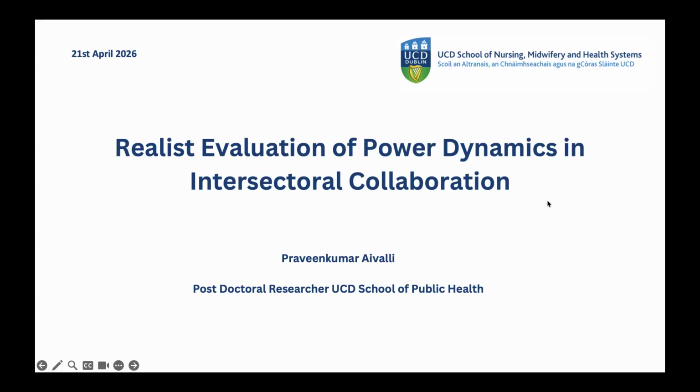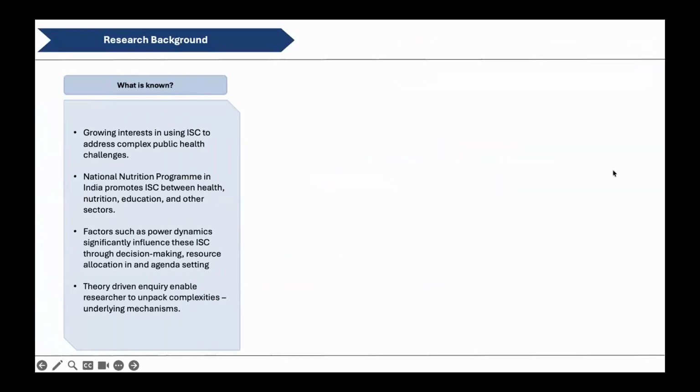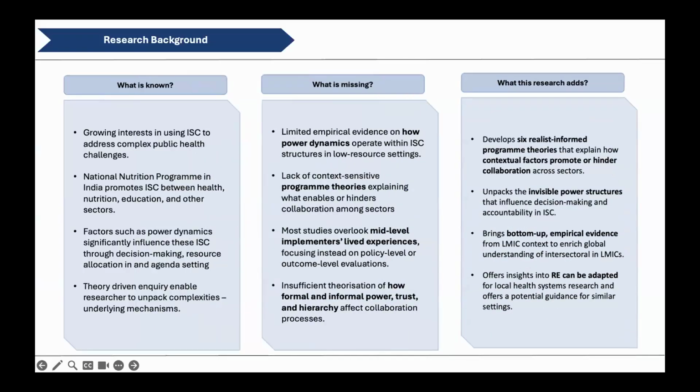So, my project is Realist Evaluation and Power Dynamics in Intersectoral Collaboration. With a bit of background, what has been known, especially in the space of intersectoral collaboration, is that intersectoral collaboration addresses complex public health challenges. A nutrition program is one such program which uses an intersectoral approach to improve nutrition status.